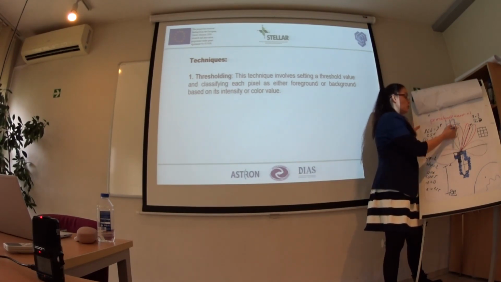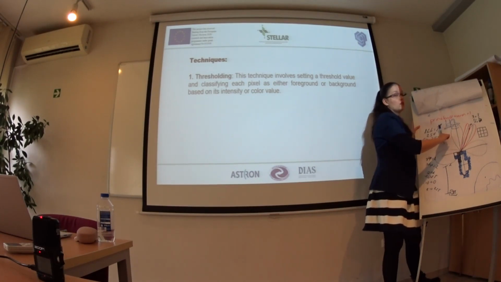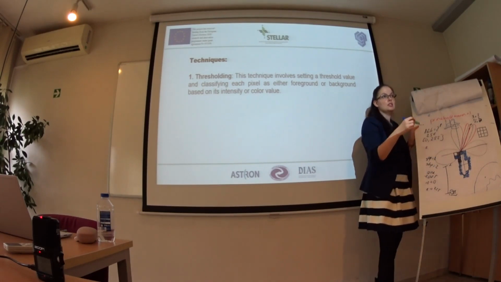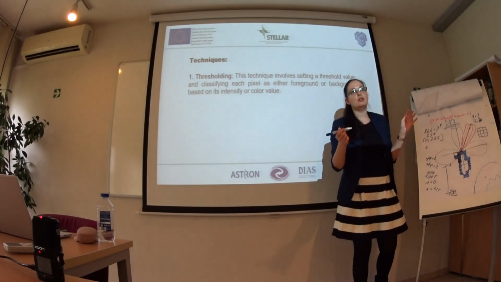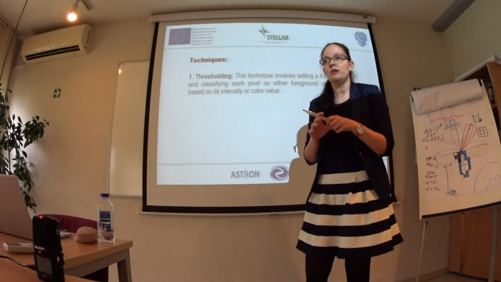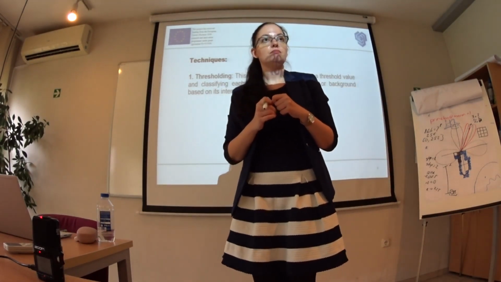So you will find a threshold, and you will give for the background, for example, zeros, and for the other part you will add ones, which means 0 stands for background, 1 for object, and you will receive a binary image.